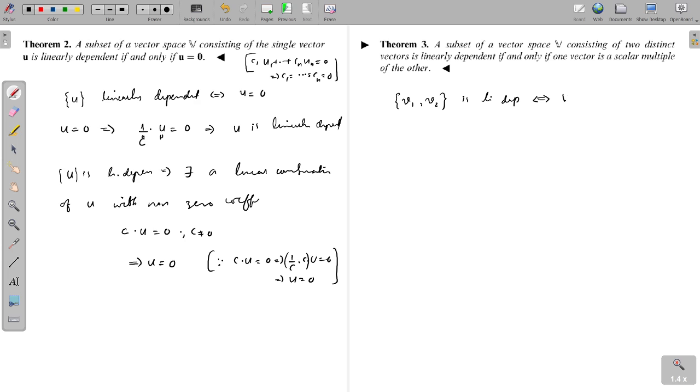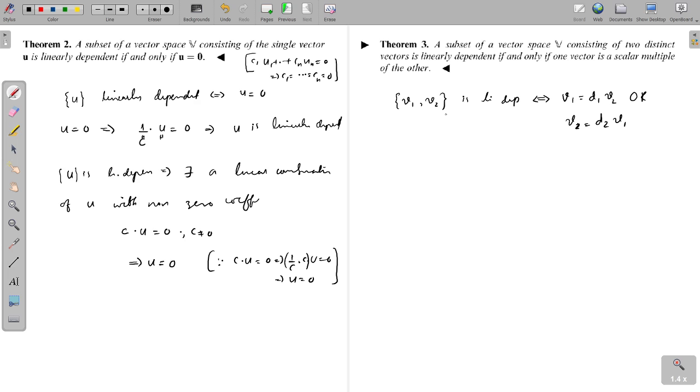That means either v1 can be written as some scalar d1 times v2, or v2 is equal to some d2 times v1. This is the meaning of this statement.